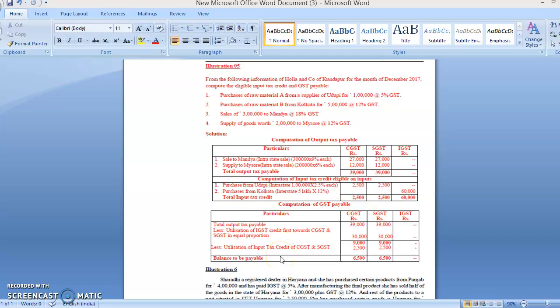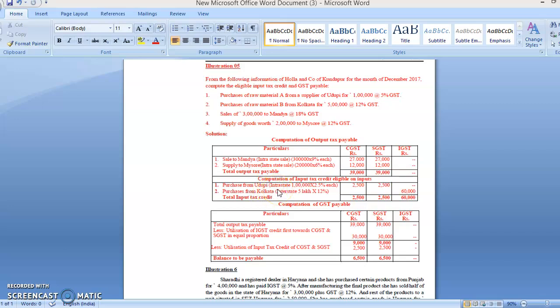Before computing the GST to be paid, let us see the input tax credit available that can be calculated by purchases made by the company. One of the purchases is made by supplier A who stays in Udupi.